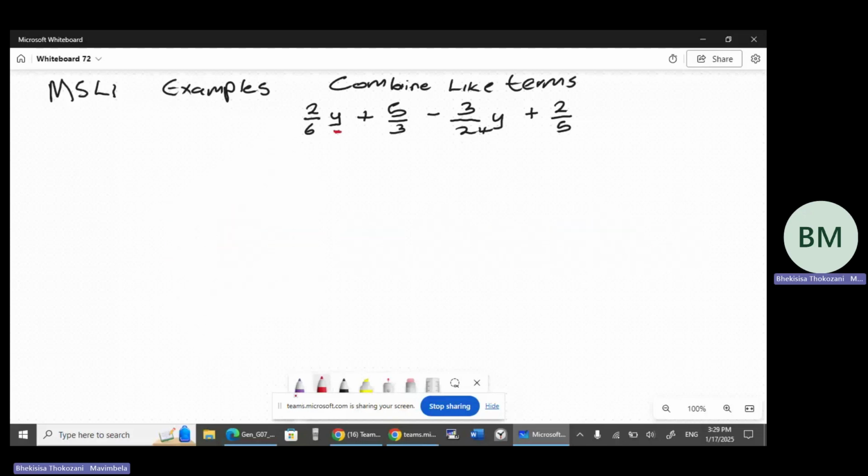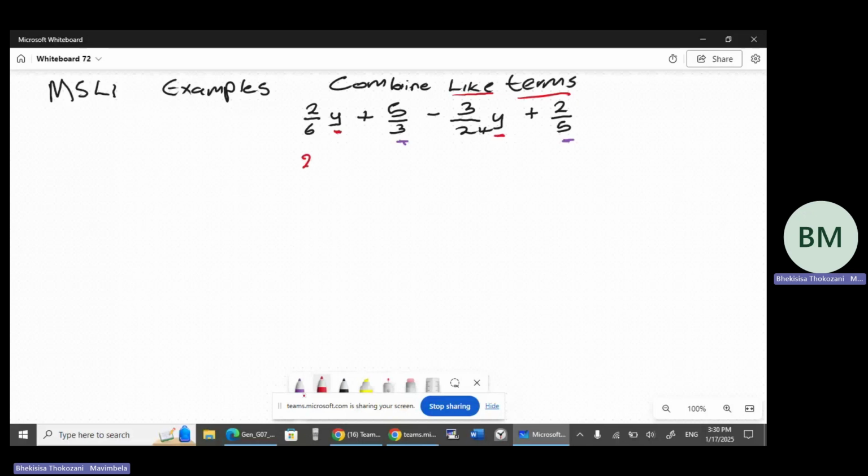Again, we look at the like terms. Remember, we are combining like terms. So we look at the same terms. Another pair here is 5 over 3 and 2 over 5. Let me start with the one with the variable.